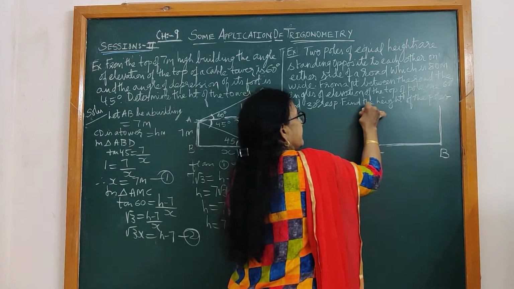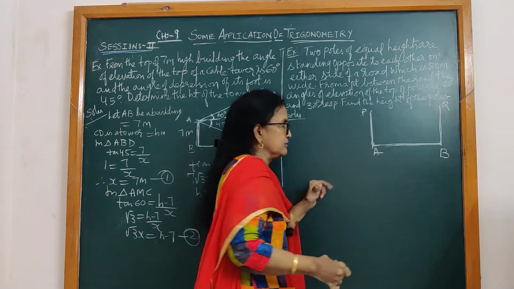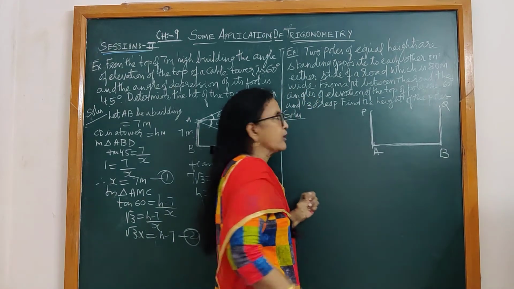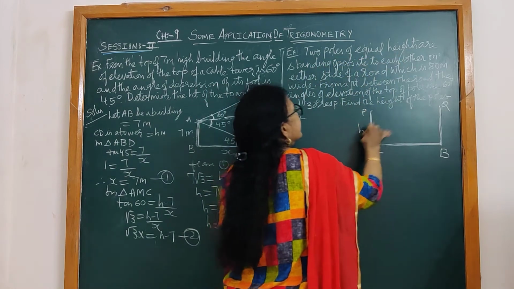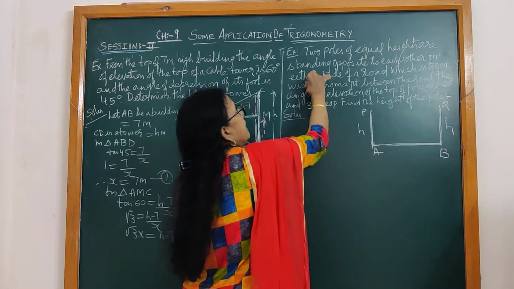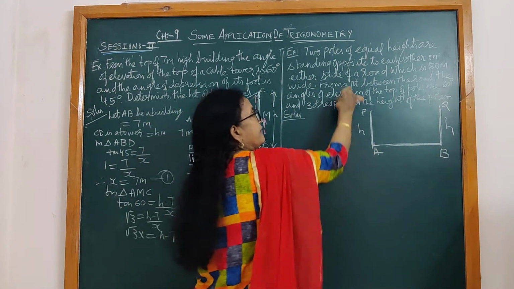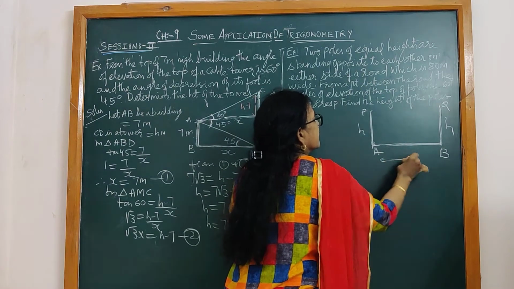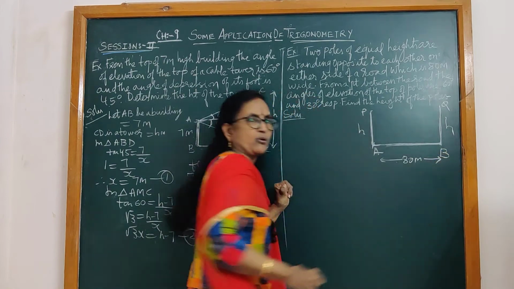Let AP and BQ be the poles. AB will be the width of the road. Two poles of equal height, standing opposite to each other on the sides of the road, which is 80 meter. So this road width is 80 meter.